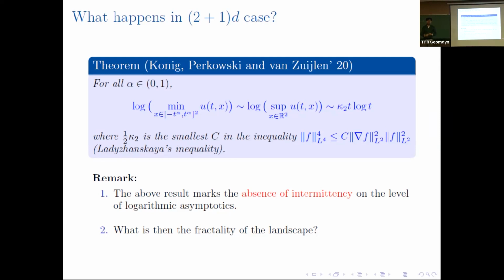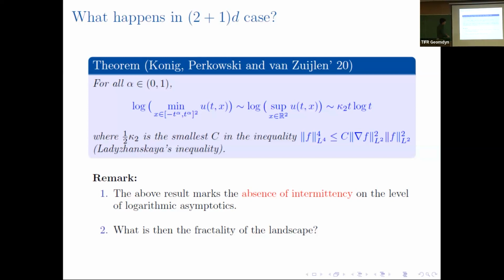That's a shock for all of us, and even the authors don't believe that it's not intermittent. The weak part of this result is that they cannot prove the asymptotics when α equals 1, which is understood to be the length of localization for this model.